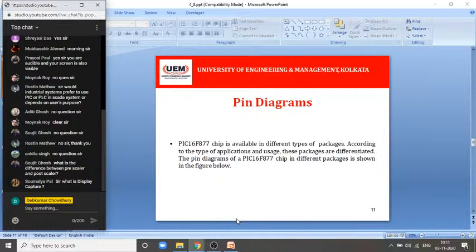That is display capture. What is the difference between prescaler and postscaler? Prescaler means we can scale the component before the operation, and postscaler means we can scale the component after the operation.